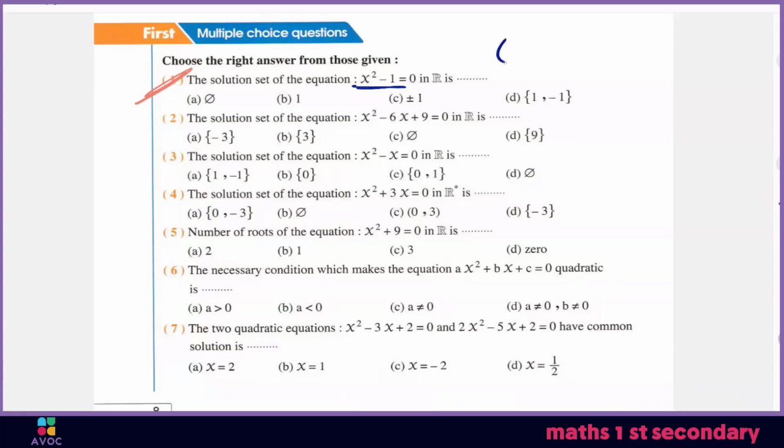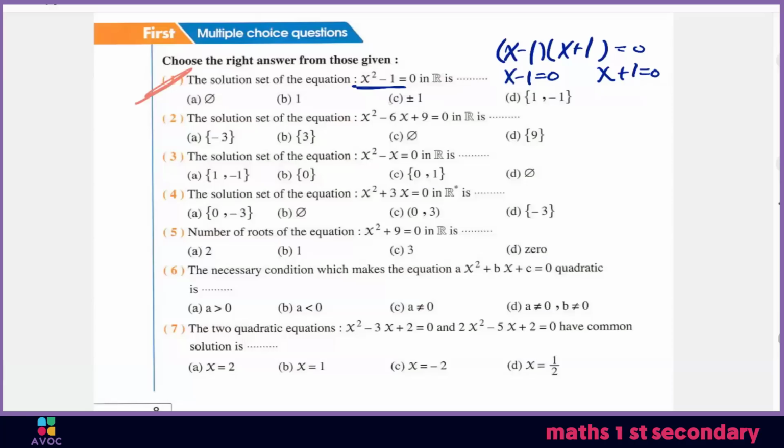So I can factorize it as x times x, 1 times 1. This is negative, this is positive. So x minus 1 equals 0, or x plus 1 equals 0. What is the value of x to make the result equal 0? It will be 1, and here negative 1.